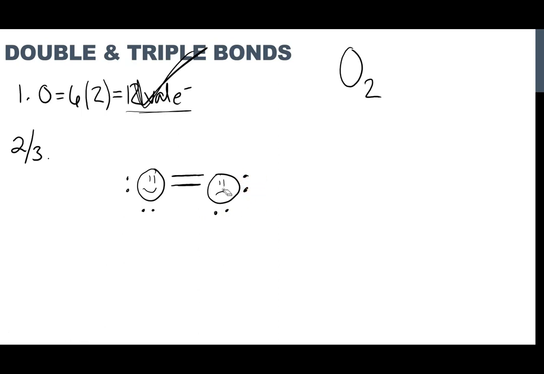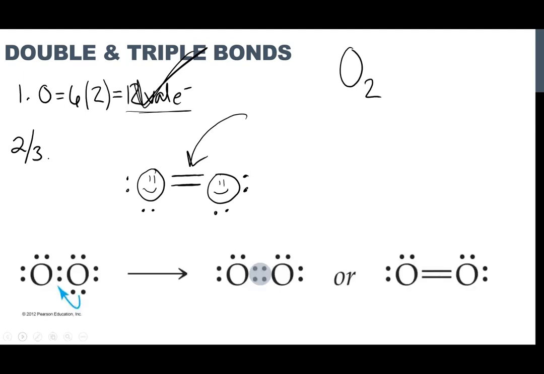So he has gone from sad with 6 to happy with 8. So this right here is called a double bond. What a double bond is, it's 2 atoms that are sharing 4 electrons.